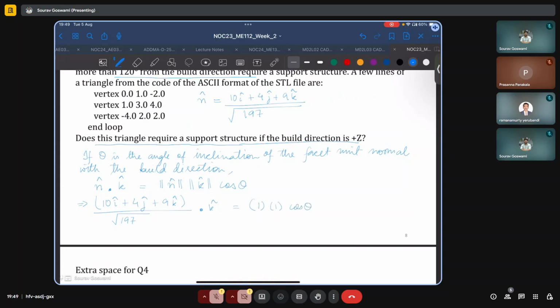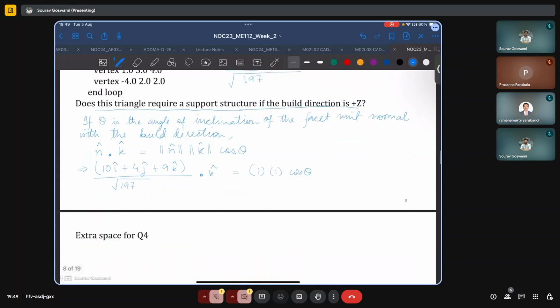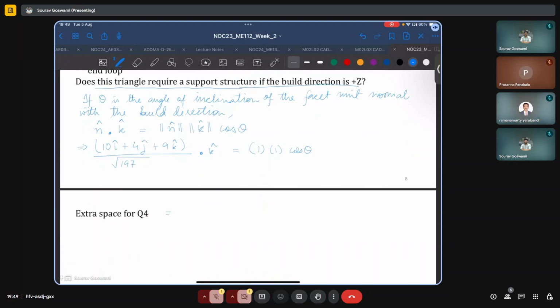Only quantity remaining on the right hand side is cos theta, which would imply that i dot k is 0, j dot k is 0, only k dot k remains. 9 by under root of 197 equals cos theta, or theta equals arc cos or cos inverse of 9 by under root 197.